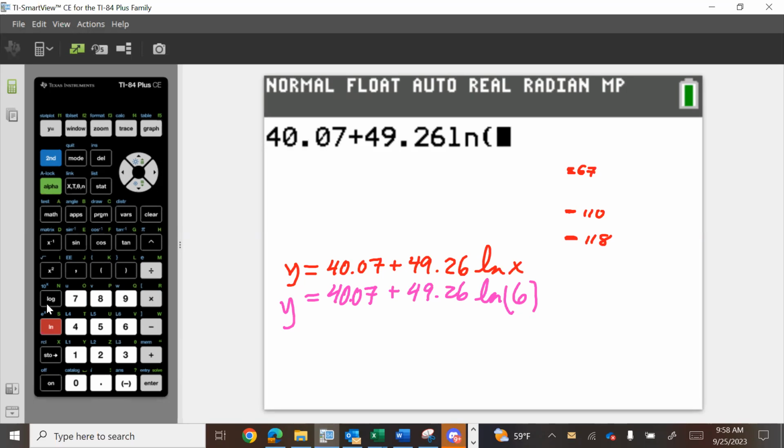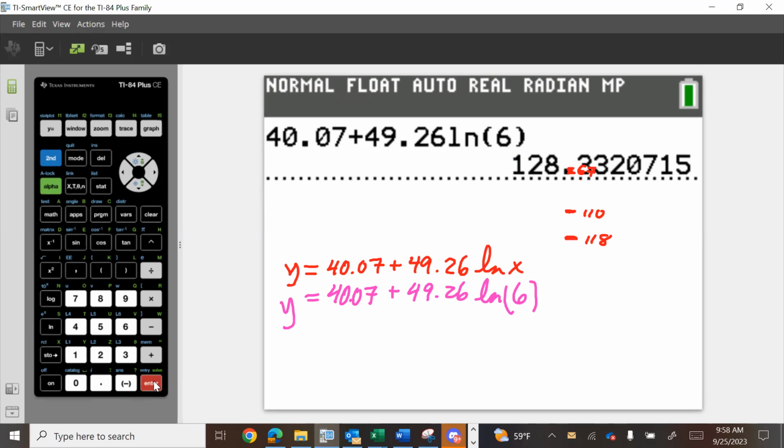This one's log base E. I have not explained what that means. I don't think I ever get around to it in the class. And boom, 128.3 feet high. I'm going to include my units. Feet.